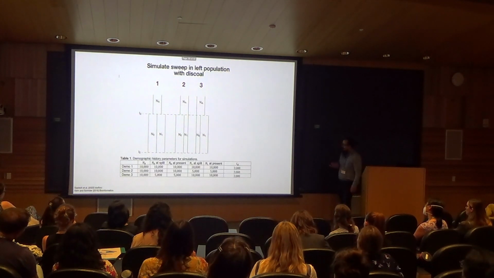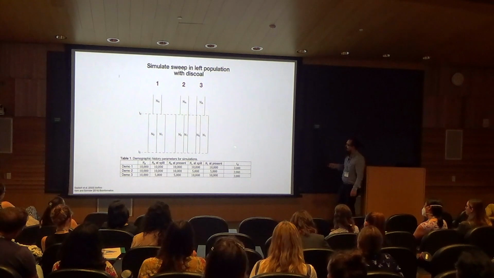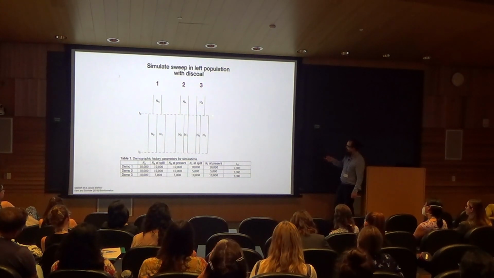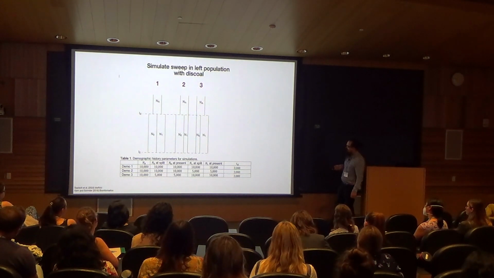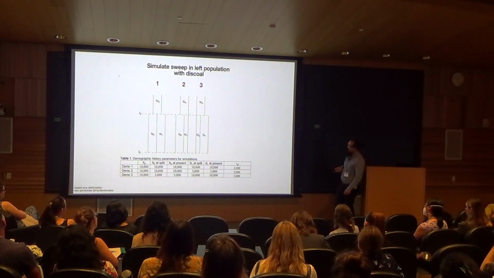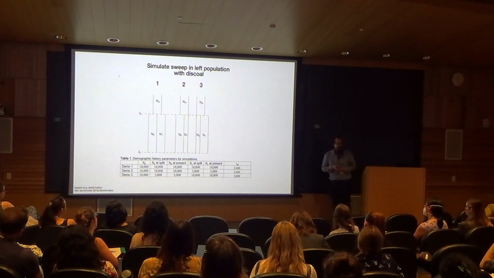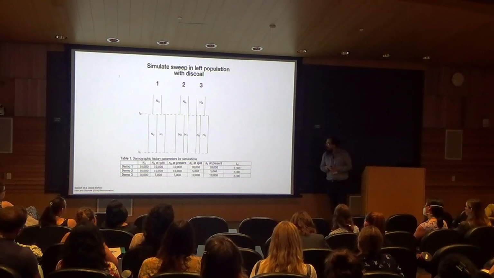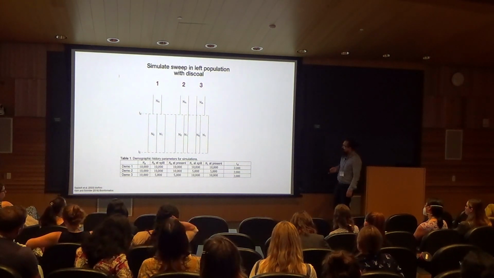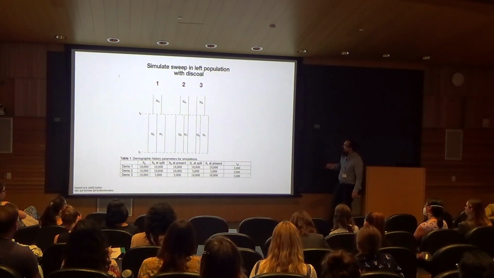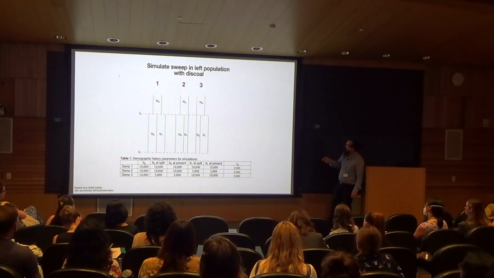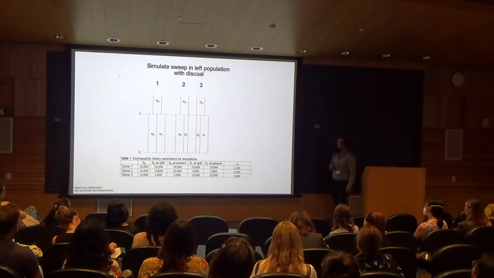I'm going to assume that the divergence time between the two populations was 2,000 generations, that there's no migration between the two populations, and that the larger population has an NE of 10,000, and the smaller population has an NE of 5,000. First, I'm going to talk about NSL, and since NSL is a single population statistic, we're really just concerning ourselves with the scenario where NE is either 10,000 or 5,000.